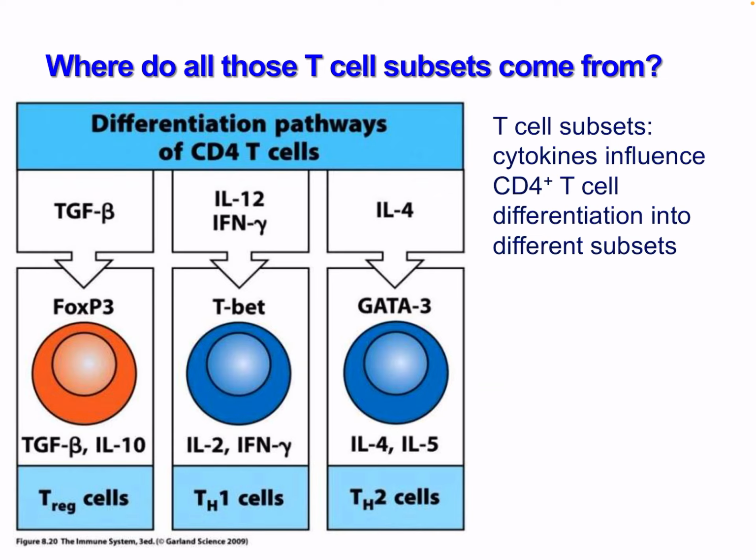So, where do these cells come from? T cell subsets are basically released because of cytokine influences. So the CD4 T cell differentiation into different subsets. Even though these produce certain cytokines themselves, for example, T regulatory cells releasing certain cytokines, Th1 releasing certain cytokines, and so on, they themselves need to be stimulated by certain cytokine subsets.